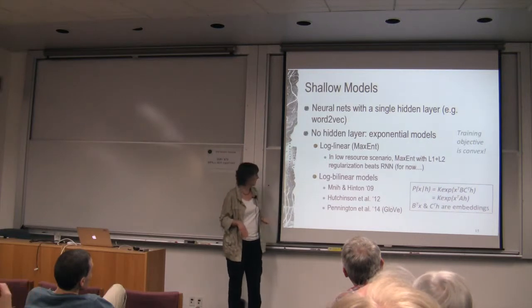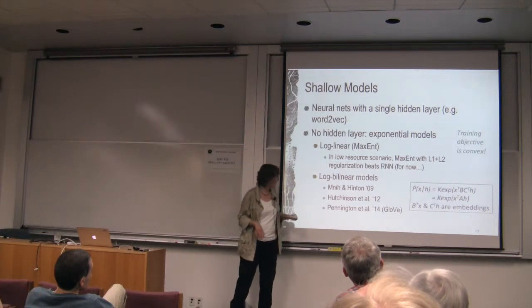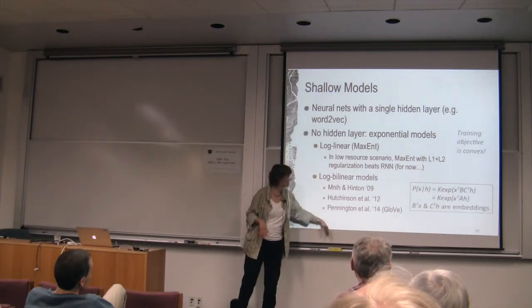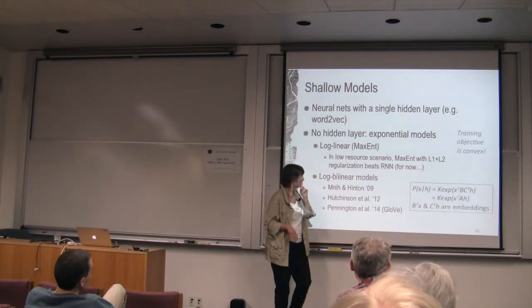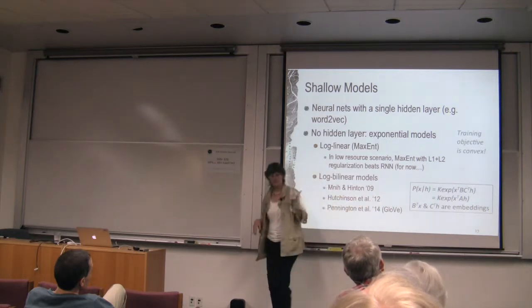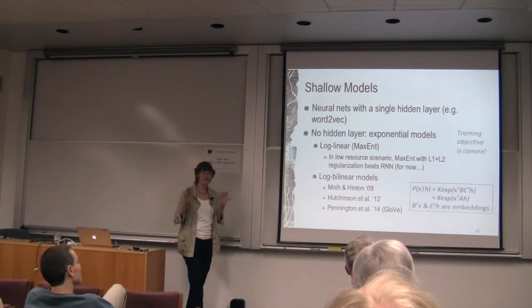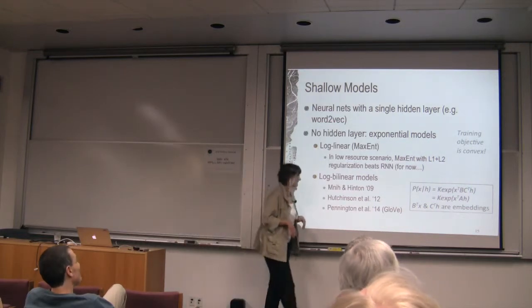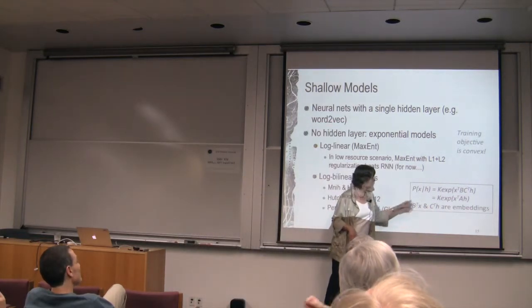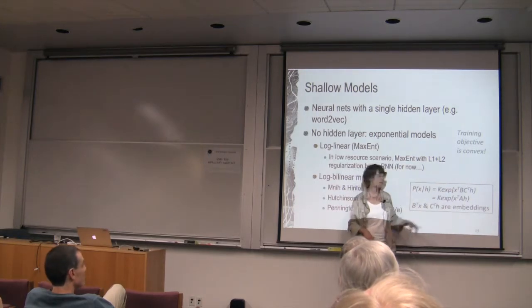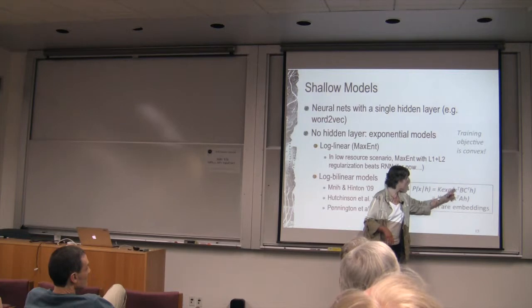Okay, log bilinear models. There are a bunch of different variations. The key idea here, and you don't have to do this for language modeling, it can be for anything, but I'll explain it in the language modeling sense: if you want to do X given history, you have the observation, a matrix, and the history.